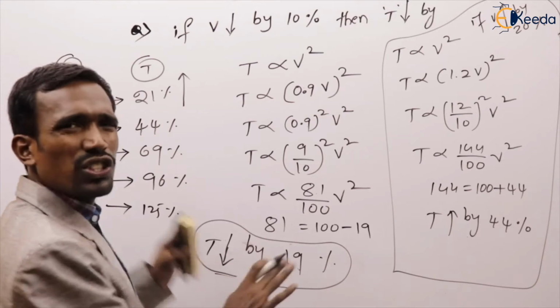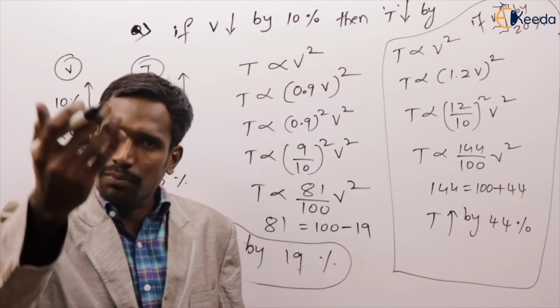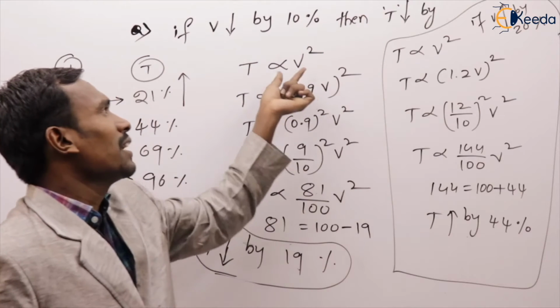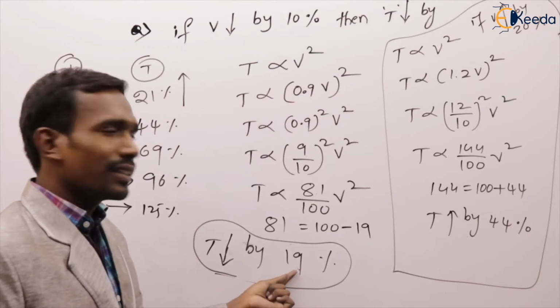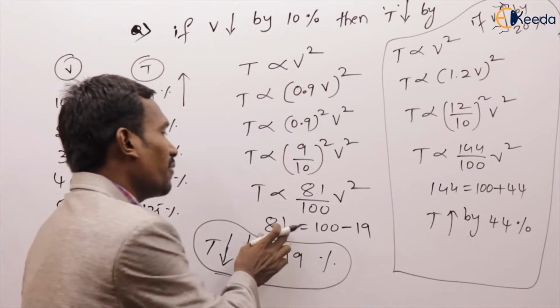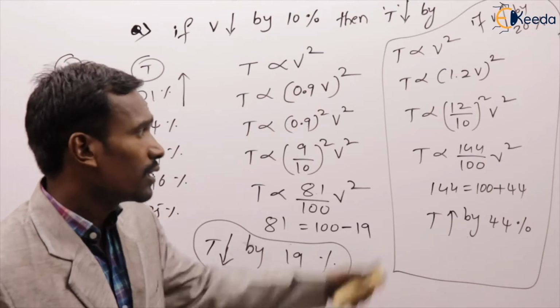The same question. If it increases, 1 plus. If it reduces, 1 minus. So, if voltage reduced by 10%, then torque reduced by 19%, because 9 square is 81. Okay? Getting or not? Now see here.